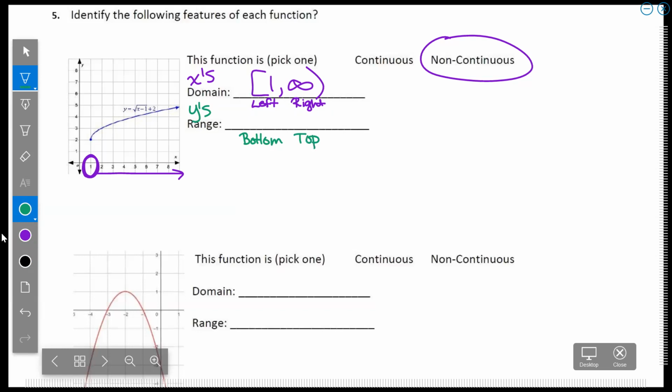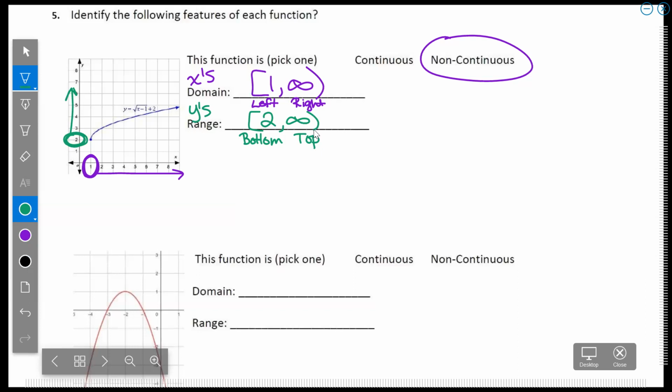What's the lowest this graph ever goes? 2. What's the highest the graph ever goes? Infinity. Goes up forever. It's moving slowly, but it's still going up. So 2 to infinity. Square brackets and parentheses for the exact same reasons.